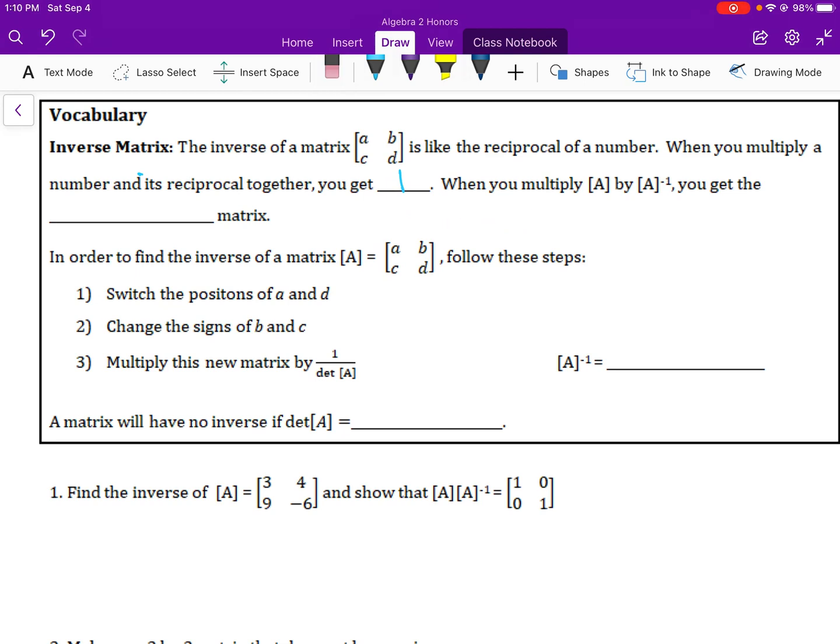Similarly, when you multiply a matrix A by its inverse, which is denoted as matrix A with a little negative 1, almost looks like a power, but it's a superscript, not an exponent, you get the identity matrix.